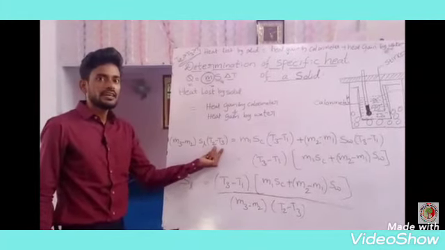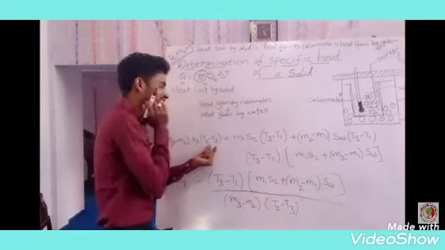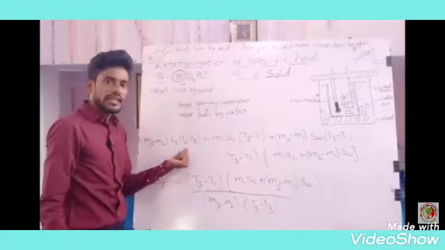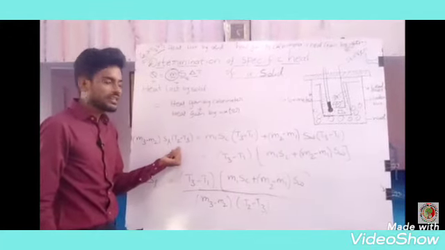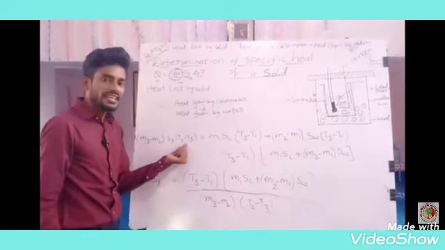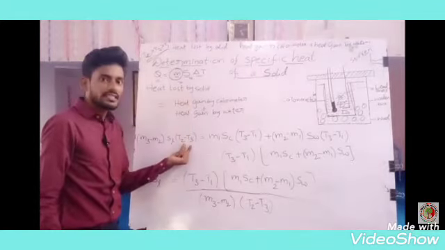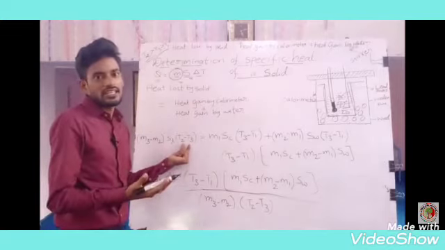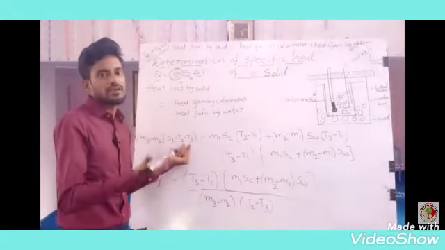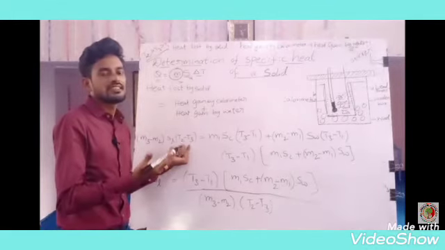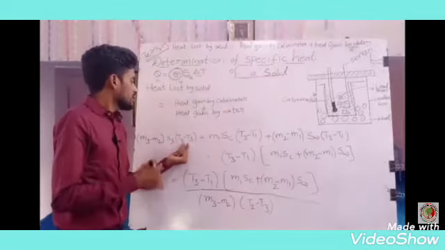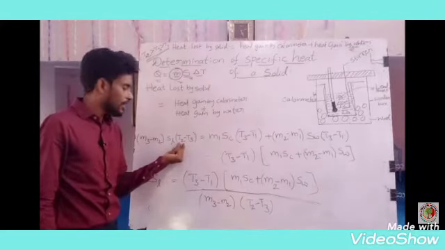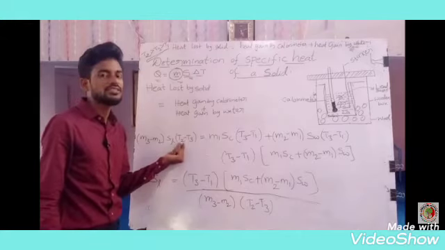And temperature change: lead shots start at the highest temperature T2, and to know how much the temperature changes, you have to subtract the mixture temperature from the highest temperature T2.